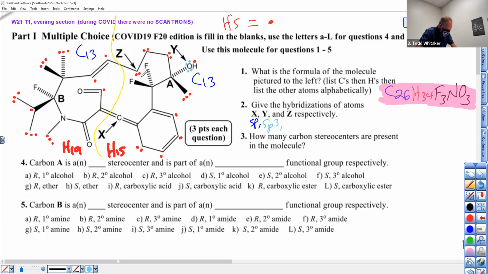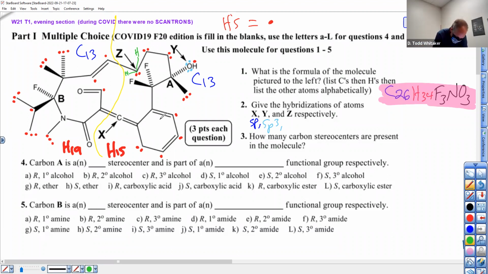And X, Y, and Z. Don't forget there's H's on Z. I don't want to clutter things up too much, but there's an H there and an H there. So that's not a lone pair. Please do not think that red dots are a lone pair. Don't do it. We got sigma, sigma, sigma, sigma. That's 4, right?